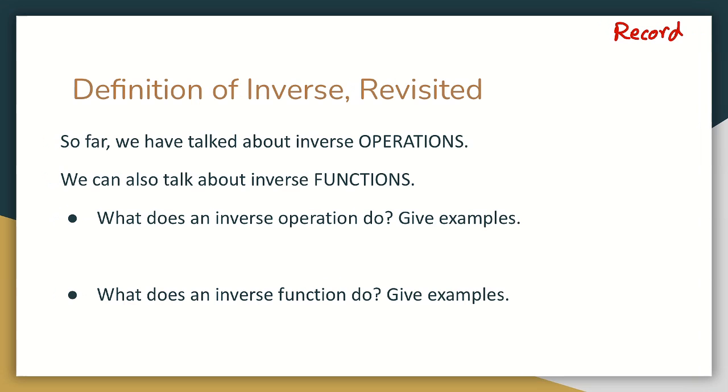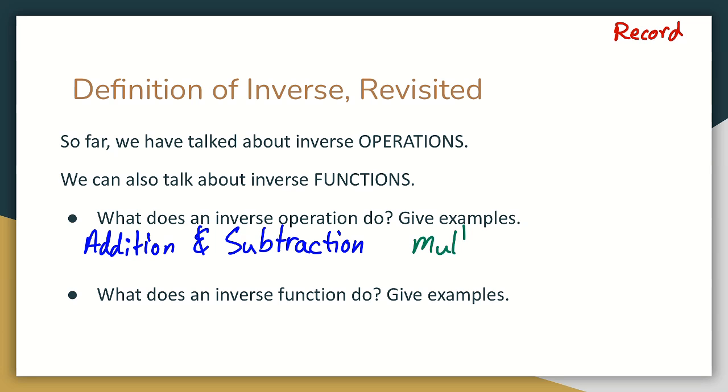Yeah, subtraction. So addition and subtraction are inverse operations. What's the inverse operation of multiplication? Thank you. Multiplication and division are inverse operations. And then we have roots and powers are also inverse operations.